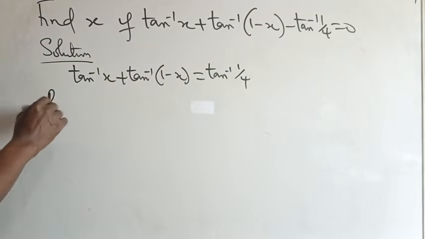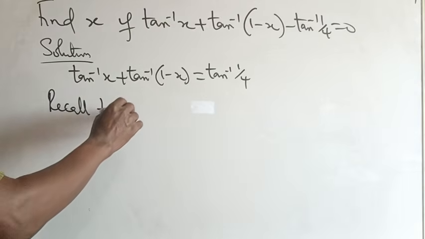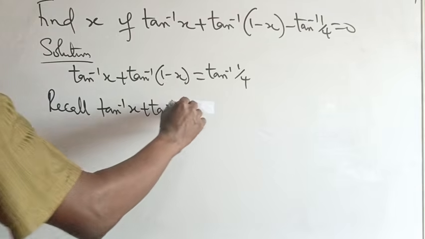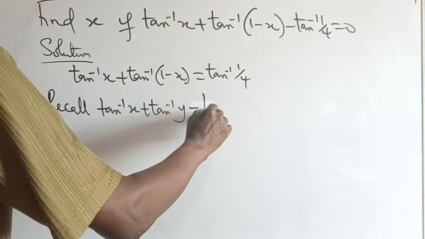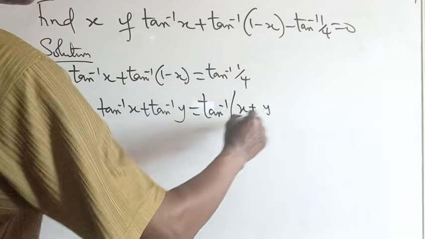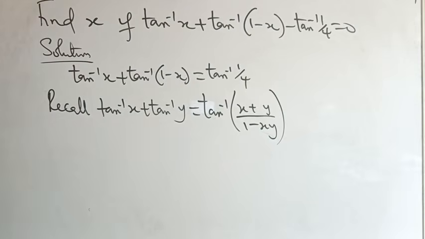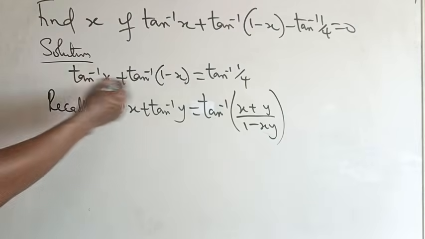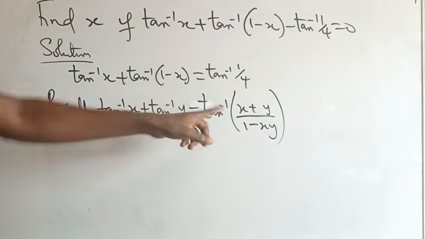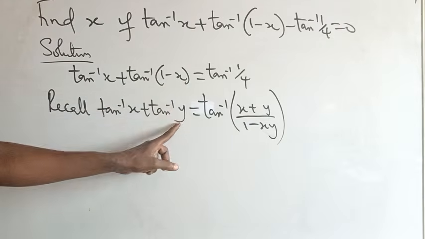So now recall, using our formula, tan inverse of x plus tan inverse of y, which we have learnt before, will be tan inverse of x plus y all over 1 minus xy. I hope you can remember that. So by substitution, our x is the first tan inverse, then 1 minus x is now y.